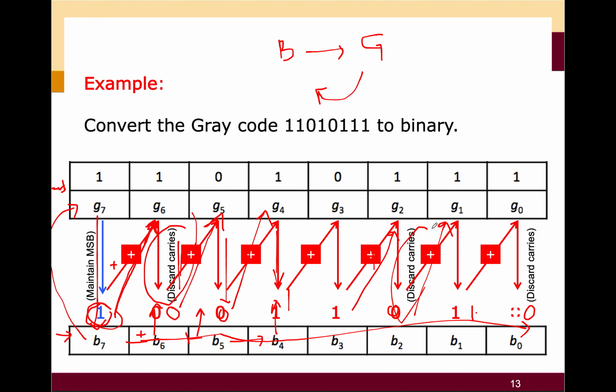So easy peasy, right? So what you're going to get for your binary from this gray code is 1 0 0 1 1 0 1 0 as your binary numbers.